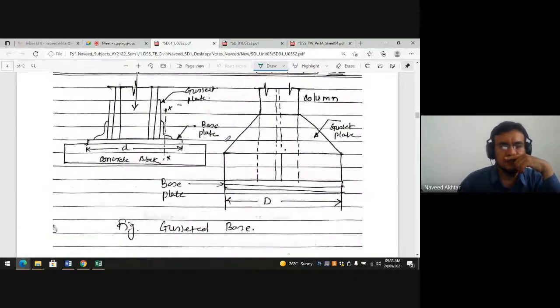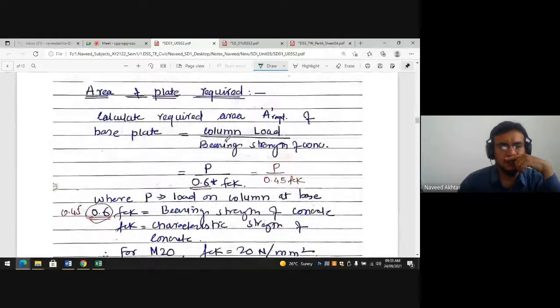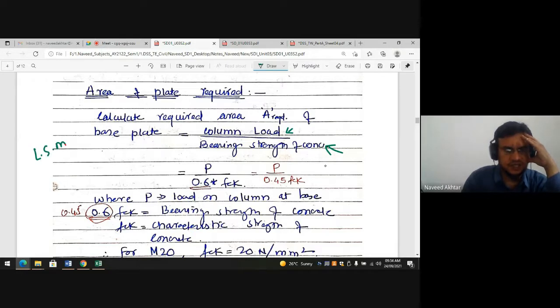Now we will see how to find the area required in case of a base plate. The area is the column load divided by the bearing strength of your concrete. In the limit state method, LSM, the bearing strength of concrete is 0.447 fck, or approximately 0.45 fck.